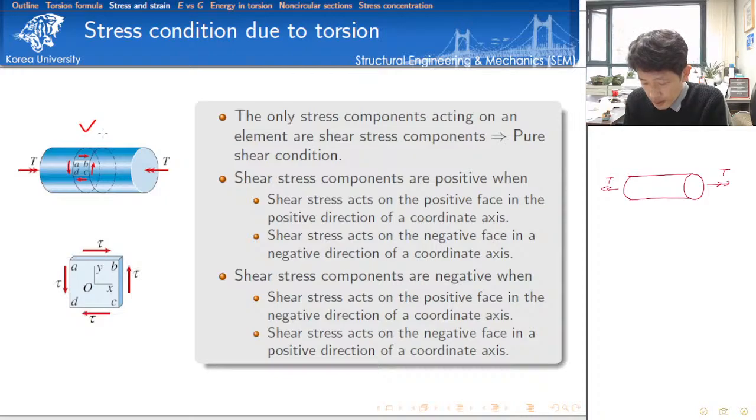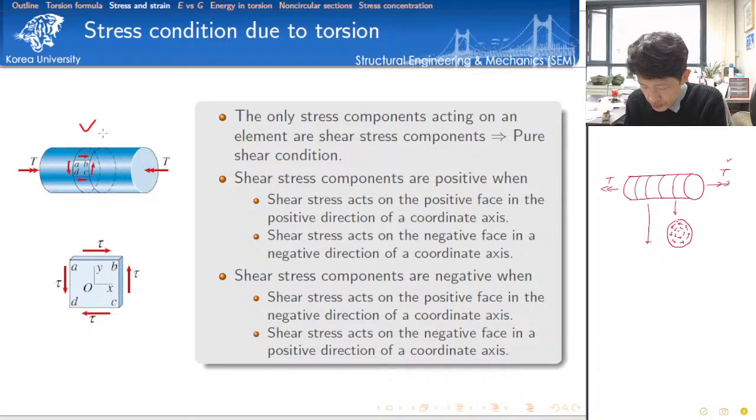Then because of force equilibrium, whether we cut here, here, here, here, if you cut here, then because of this internal torsional moment on this surface, we must have this kind of development of shear stress distribution on the surface.